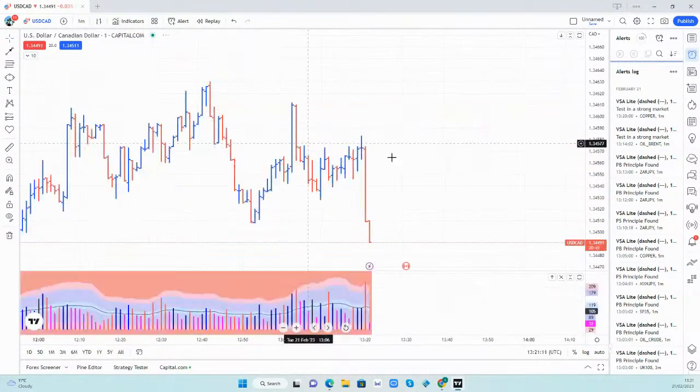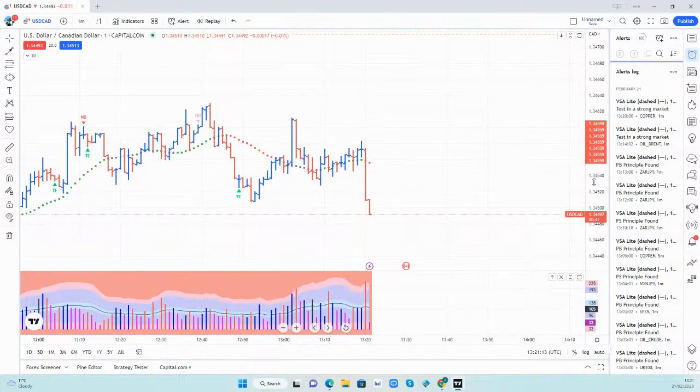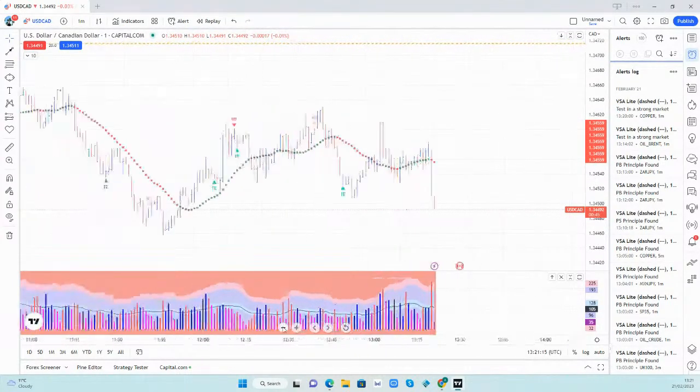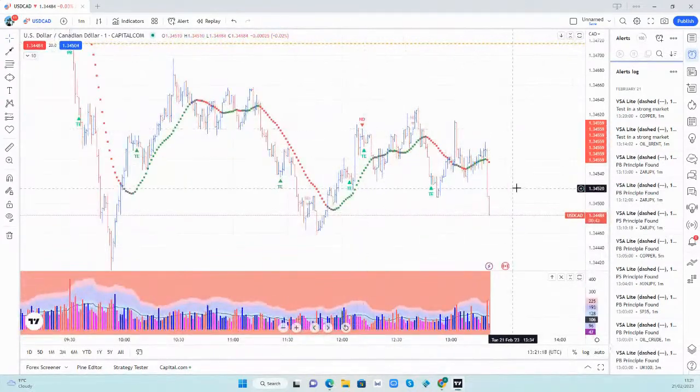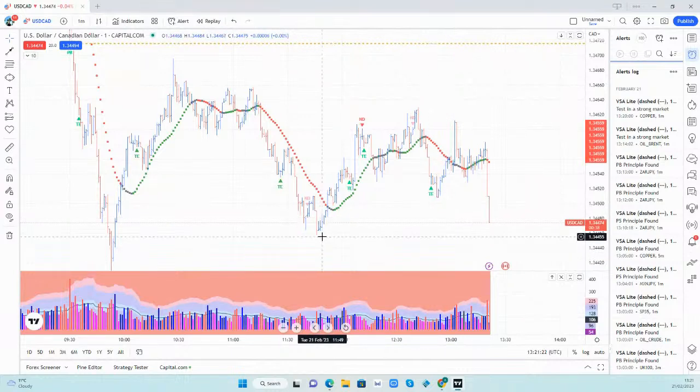Yeah, it looks like the short is setting up on a 1 minute chart. Got no demand there. Finally change of behavior. Now let's see if they're going to take it lower than that level.